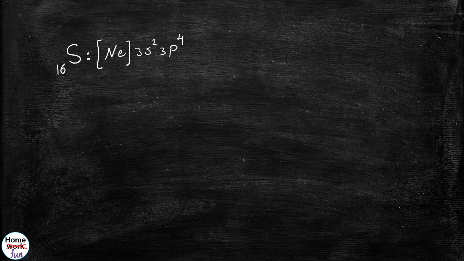So if I want to show the valence level as a box diagram, that's 3s2, has 2 electrons in it. It's completely full. And then the slightly higher energy 3p, 4 electrons in 3p, so we have 3 orbitals in the p sublevel. How do they land?